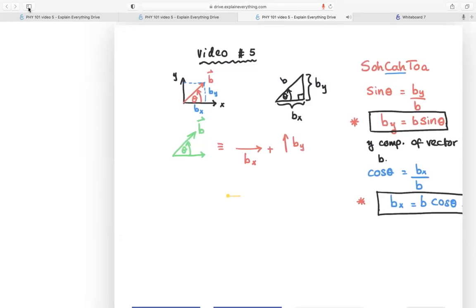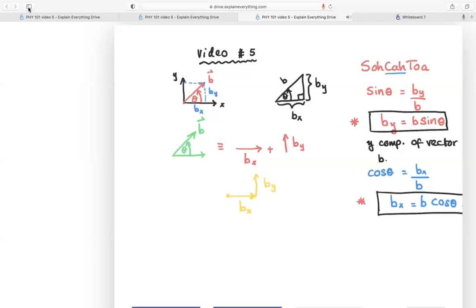So if you remember, we were looking at vector addition, and this is Bx, this is the tail of the vector, and here is the head of the vector, and we take the tail of the second vector to the head of the first vector, and we place it right there, and there you have the y vector.